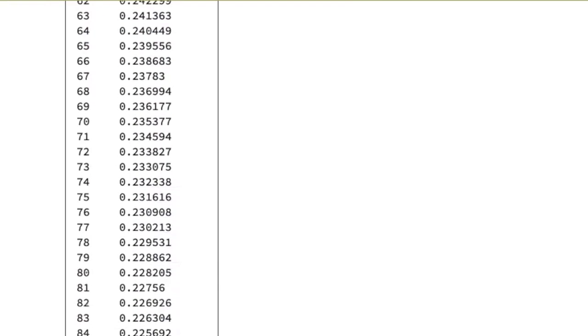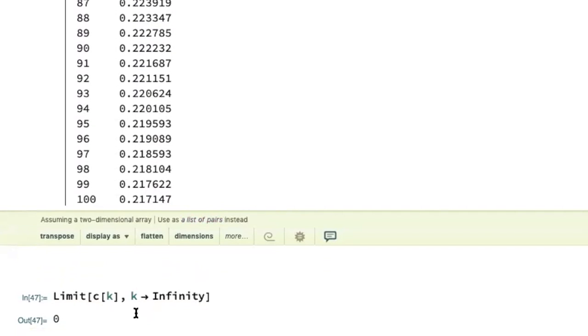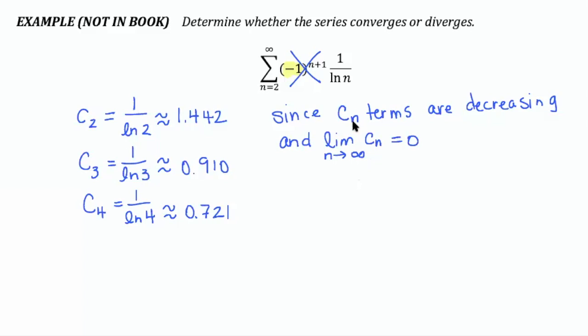Well, I can ask Mathematica for the limit as well, and you'll see that the limit that it came up with is 0. So we've met the two conditions for the alternating series test. Since the c sub n terms are decreasing and the limit as n goes to infinity of the c sub n's is 0, I know the series converges. So that's how to use the alternating series test.